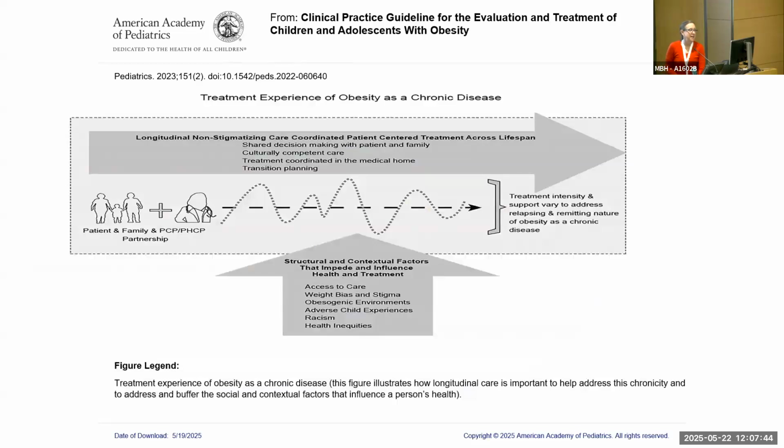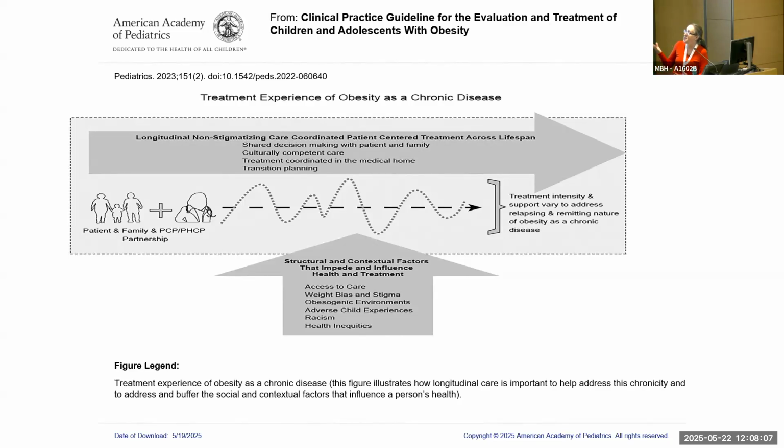And here are the clinical practice guidelines from the AAP for the treatment and evaluation of children with obesity. Moving to prevention, why we really want to prevent is that a lot of effort needs to go in once a child is already obese.